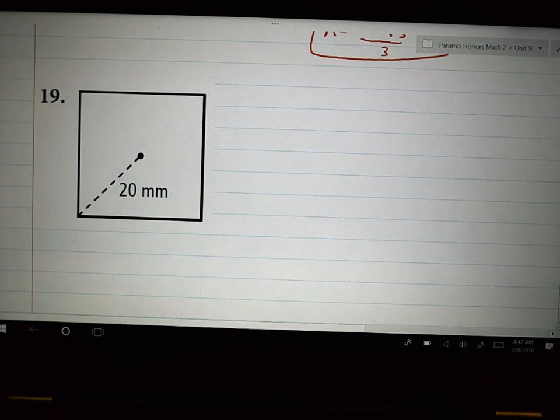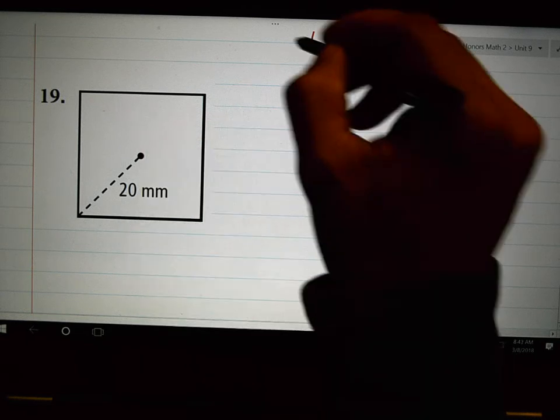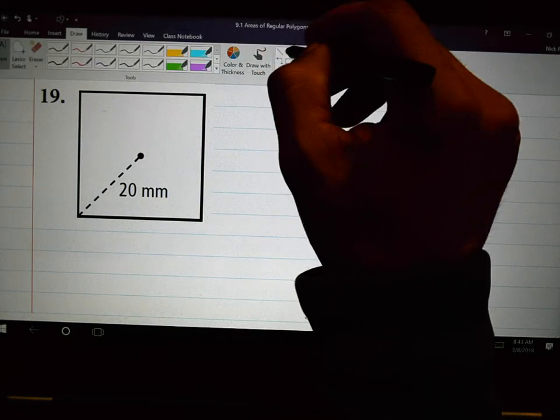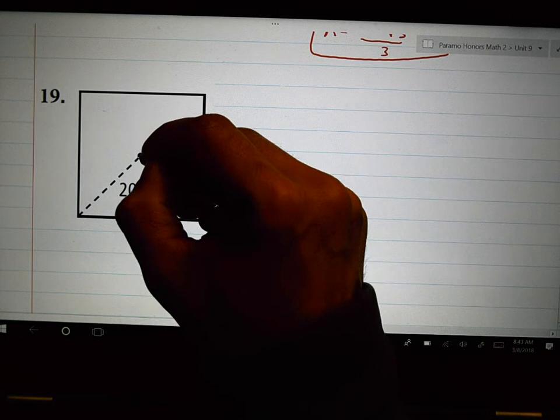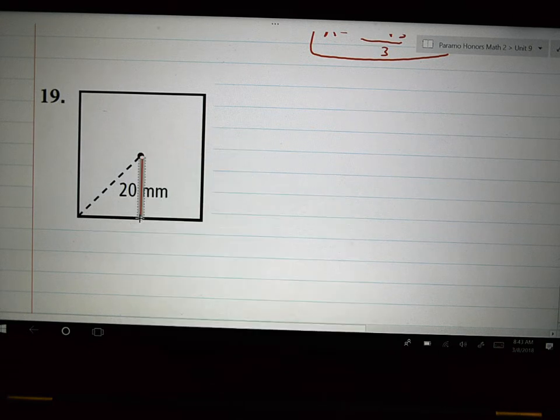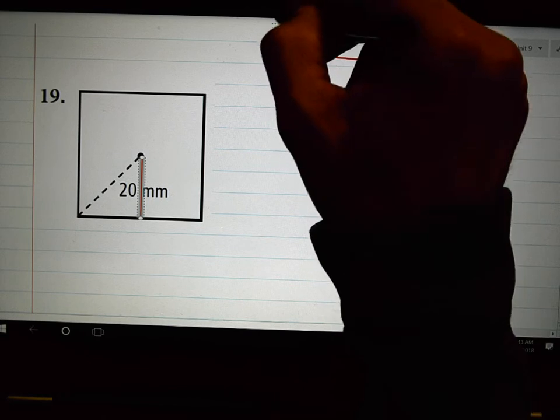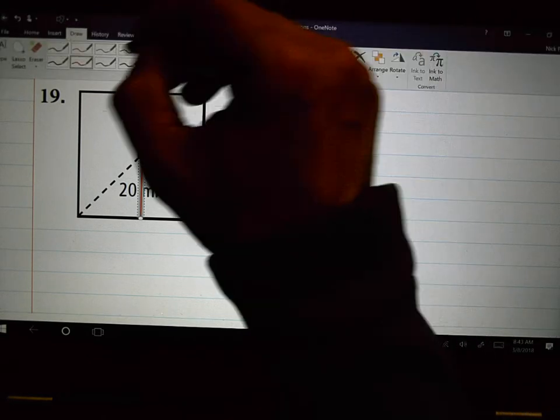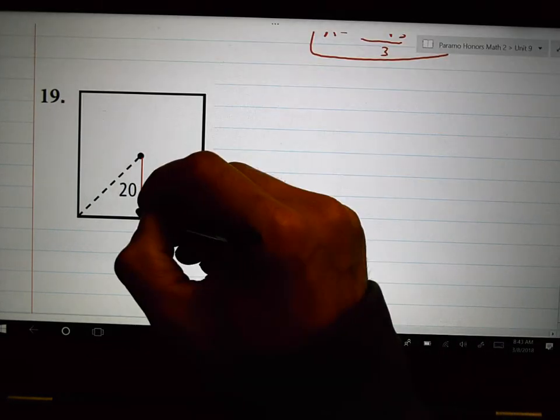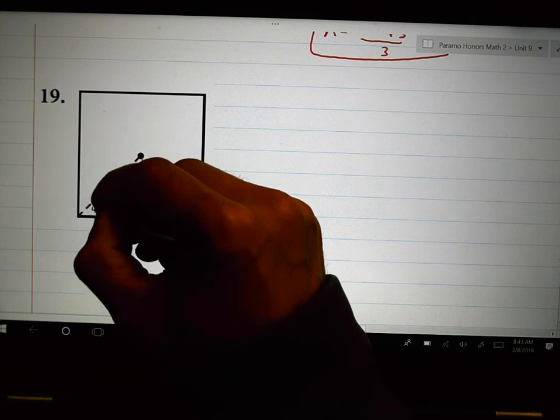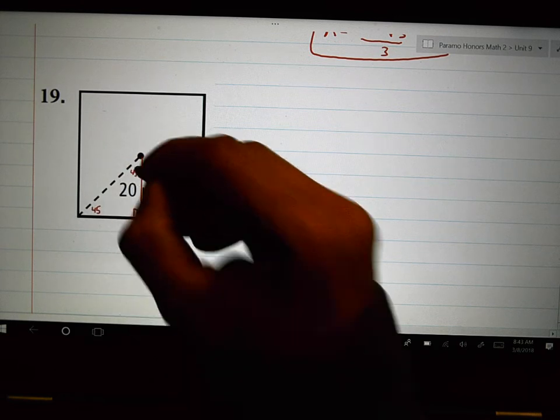There are several ways you can do this. You can figure out what the apothem is, just like we've been talking about. But if you do that, you're going to have to realize that this is a 45-45-90 degree triangle, and know the shortcut for that.